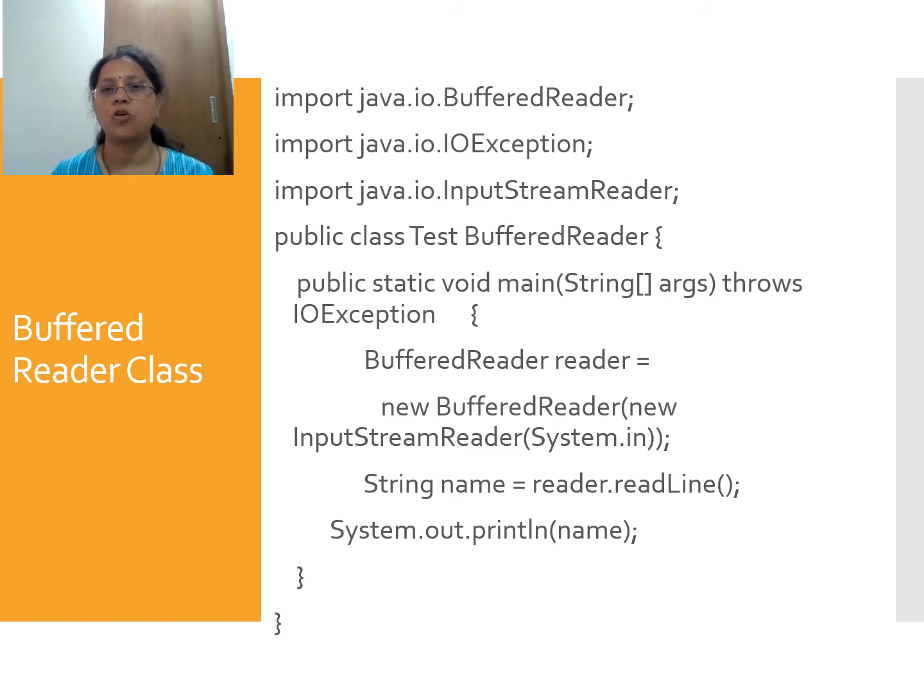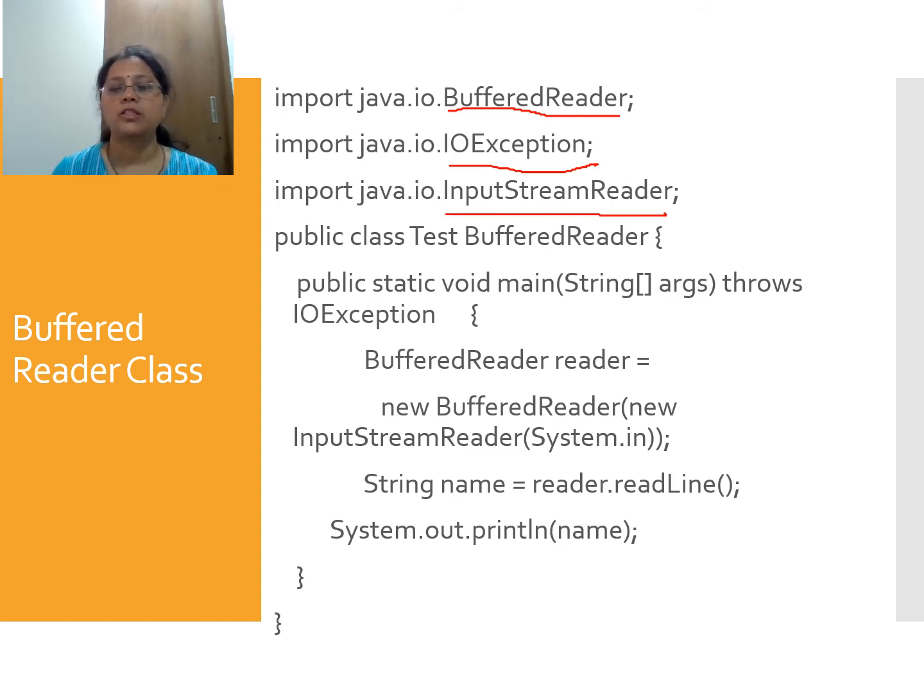And from this IO package, three classes are imported. First one is BufferedReader. Second is IOException. As we have seen, every read and write method always generates IOException, so it is necessary to include this class. And third one is InputStreamReader.